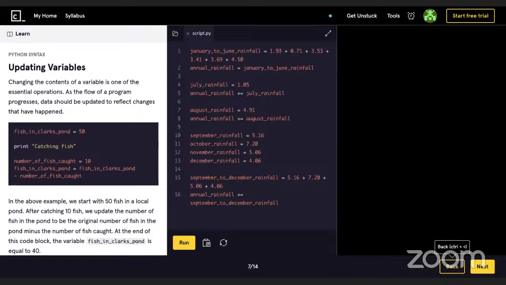It would have said January rainfall, and then a certain number. And then here what he did was he added some rainfalls up. I think that's what he did there.